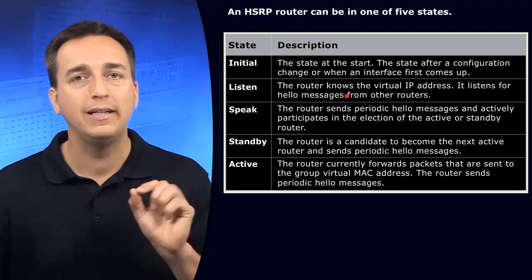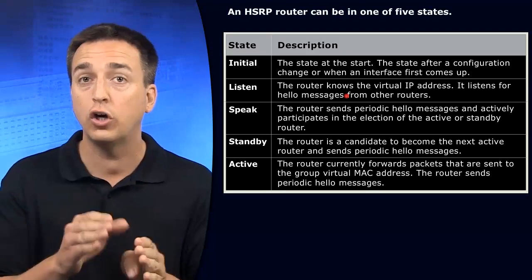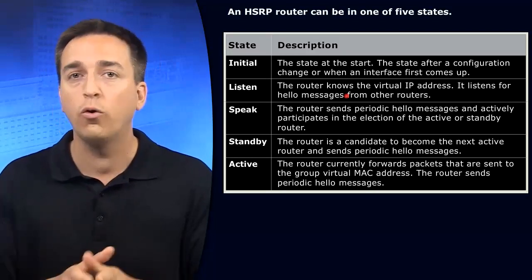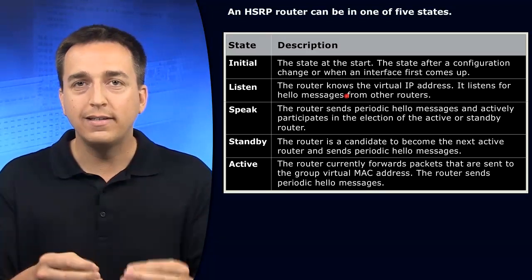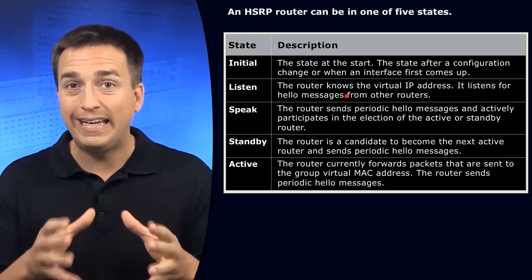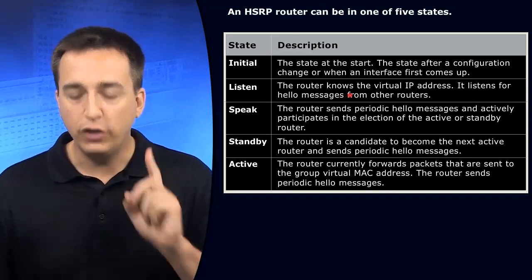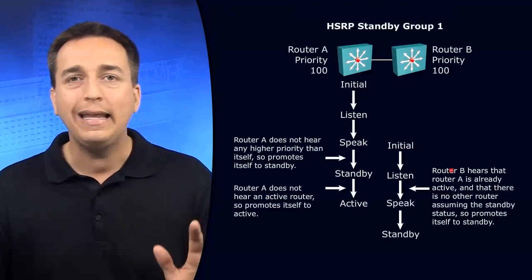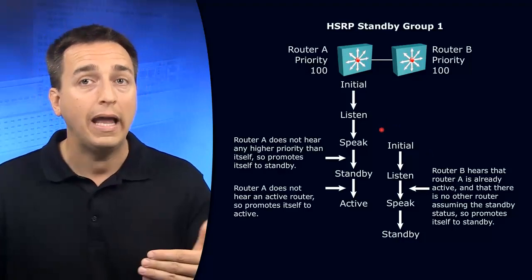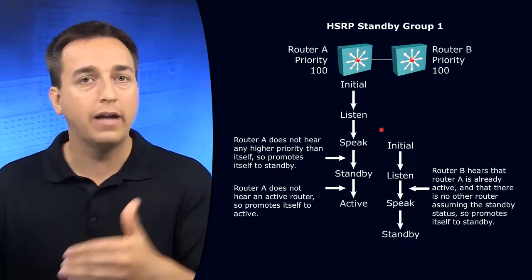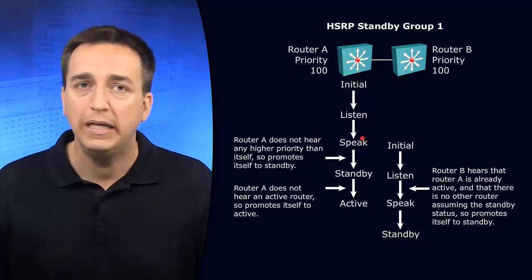So the goal in the listen state is to find out if there is currently an active forwarder or a standby on that particular local area network in that subnet. If you don't hear from any other device, so you're not receiving hello packets stating that there's already a standby router or an active router, you move to the speak state.